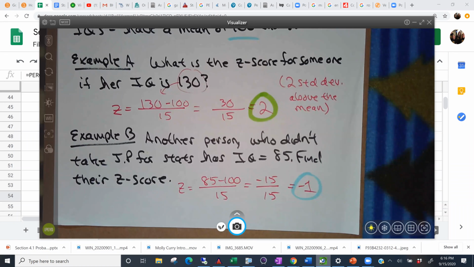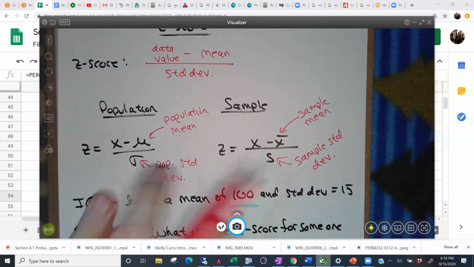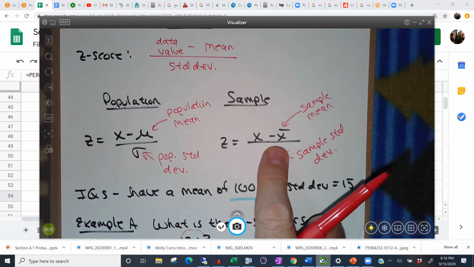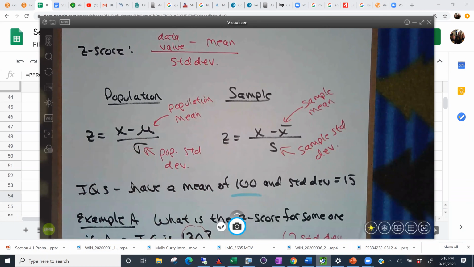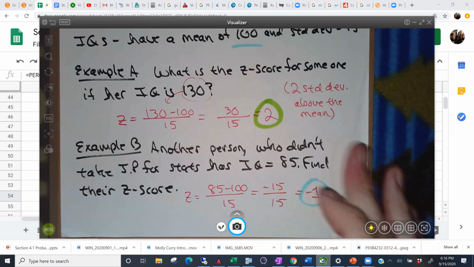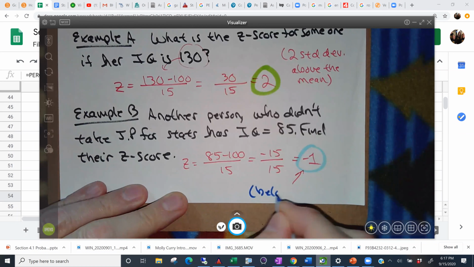Perfect. One thing that means is that you've got to be careful to subtract in the right order. It's the data value minus the mean. Always, always, always. But yeah, you hit it right on the head. This is below the mean. That's the important takeaway from this.